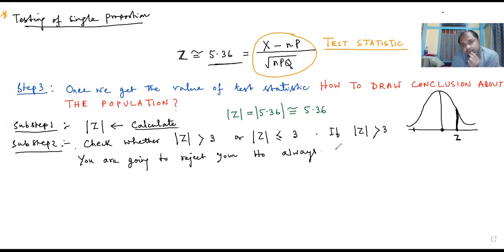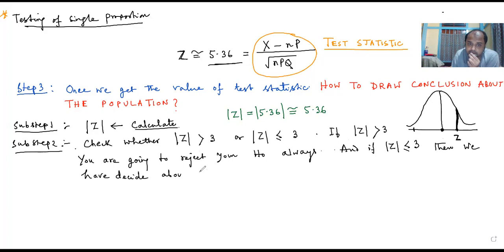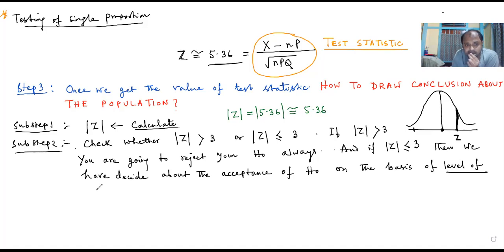Okay. And if mod Z is less than or equal to 3, then we have to decide about the acceptance of H0 on the basis of level of significance.